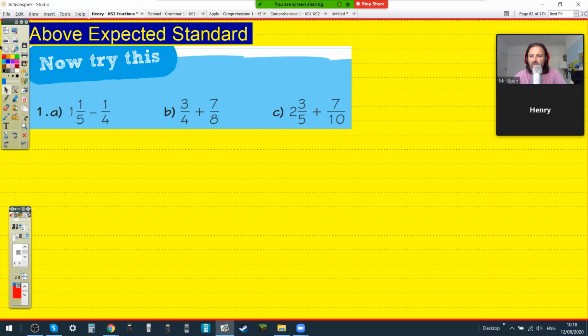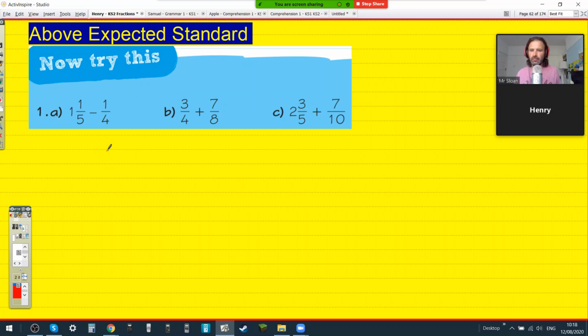Okay, so for 1A, the improper fraction is 20 because 5 times 4 is 20. So 1 times 4 is 4.